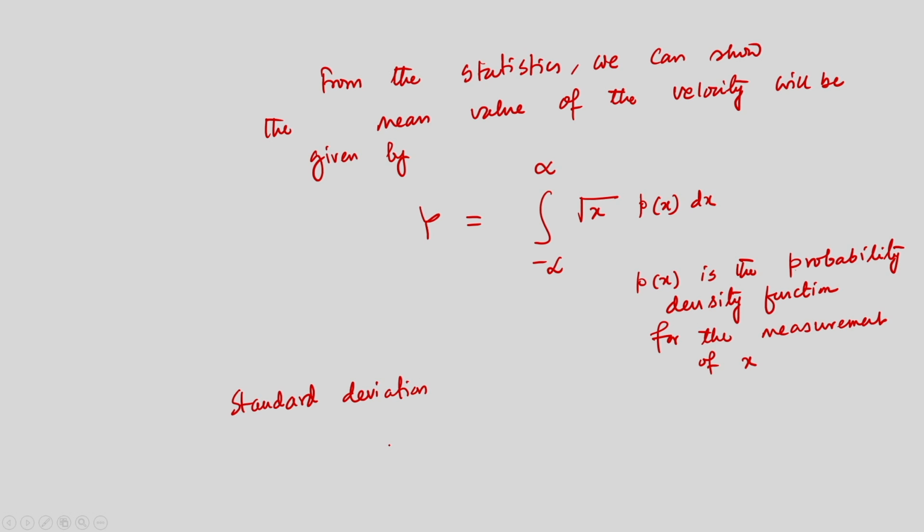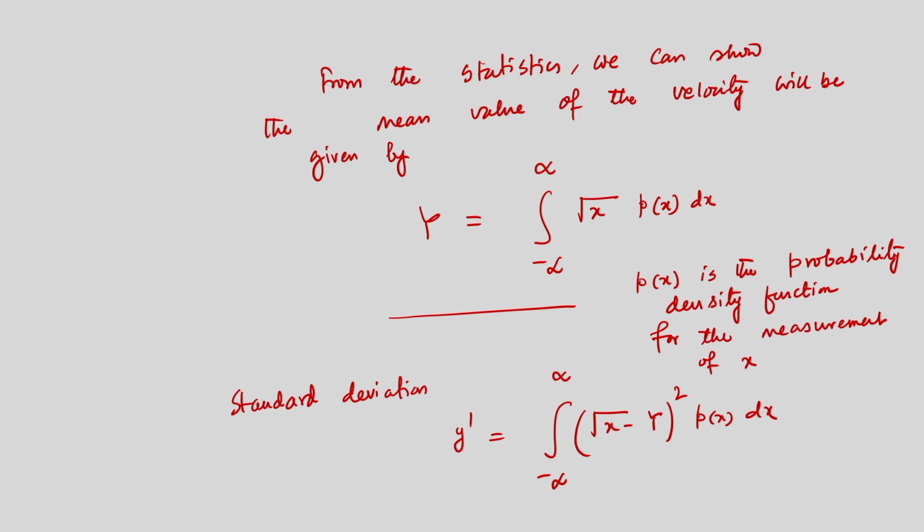I am not going to discuss that part. We can show from the statistics that the mean value of velocity will be given by this expression, and the standard deviation y prime is the integral from minus infinity to infinity of (root of x minus mean) squared P(x) dx. So, this is the standard deviation.